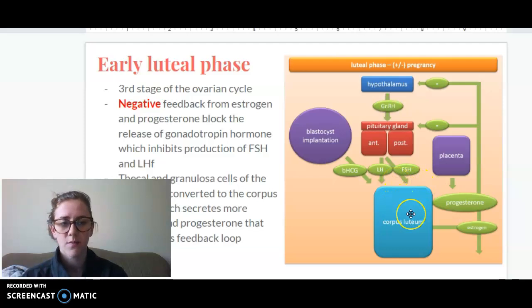Thecal cells and granulosa cells of the follicle that we previously saw are actually converted into the corpus luteum, as we see here. This will work to secrete more estrogen and progesterone that initiates this feedback loop.